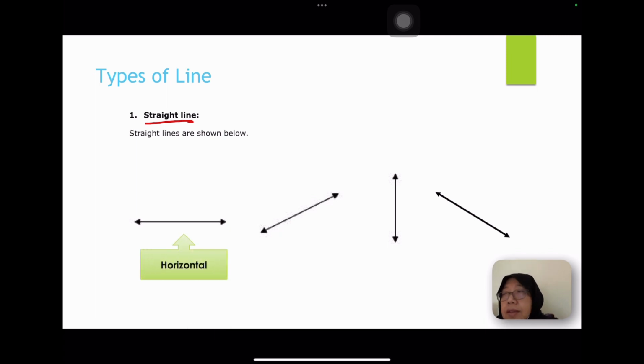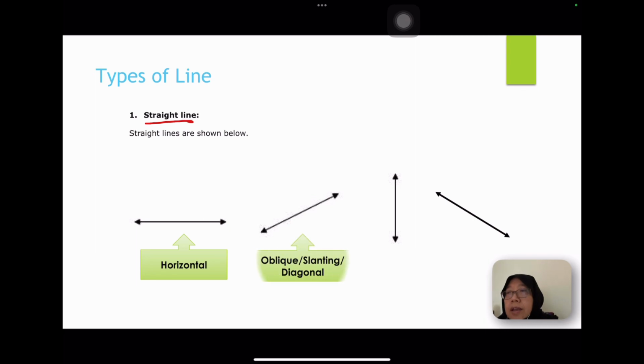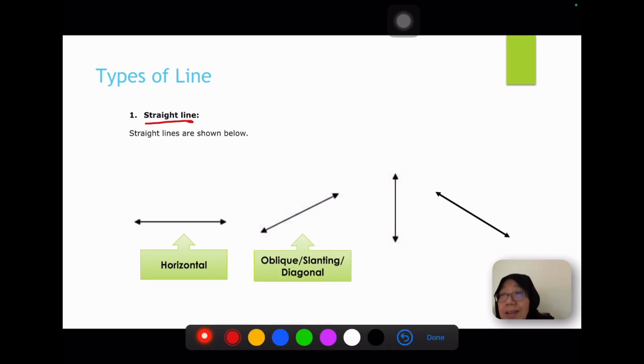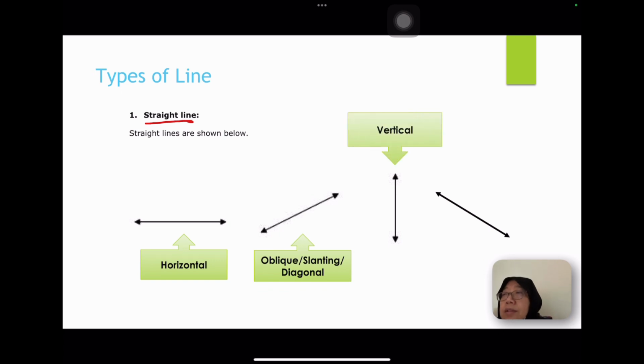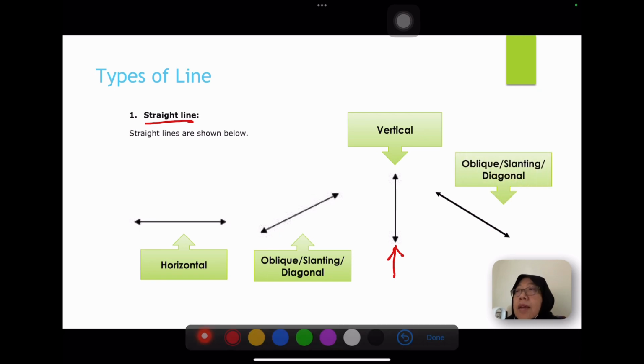The first one is a horizontal line, and the second one here is oblique or slanting or diagonal. And the third one is vertical. Vertical is a straight line like this one. And that's oblique or slanting or diagonal.